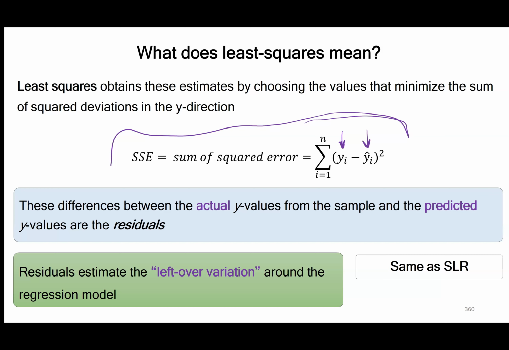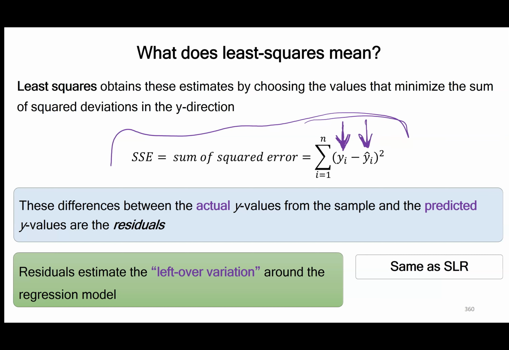So if I said, here's a female individual with 60 minutes of daily activity, and this is their body fat percentage, this would be their y_i, the body fat percentage we actually observed, minus what the line estimates their body fat percentage will be. So we take all those differences and we square them.